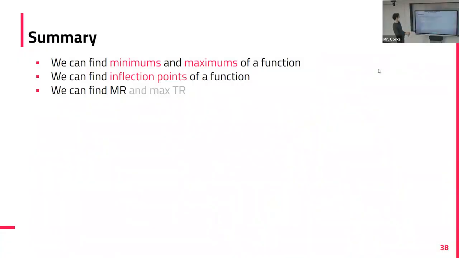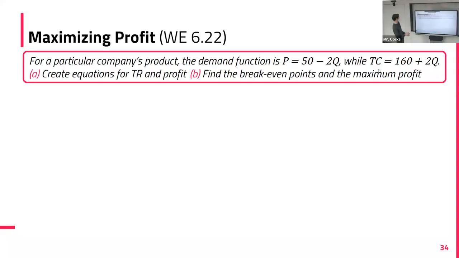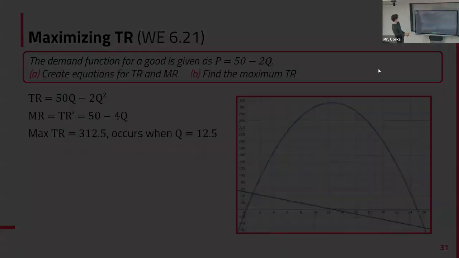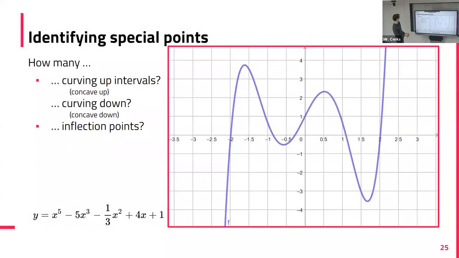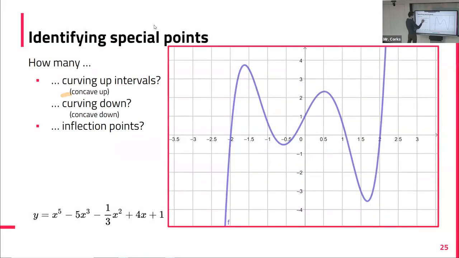There was one term I skipped over. All right, I forgot to mention a few things. Formally, in any other math textbook, instead of saying curving up, they will say concave up and concave down. Those are the more standard terms.